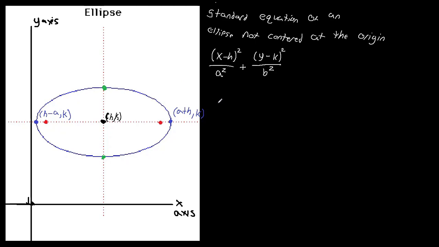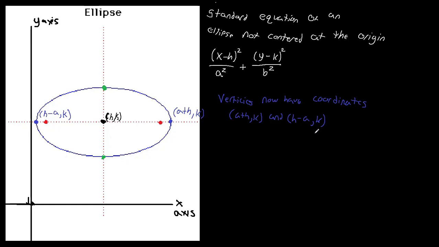So let's formalize that. Vertices now have coordinates of a plus h comma k and h minus a comma k.